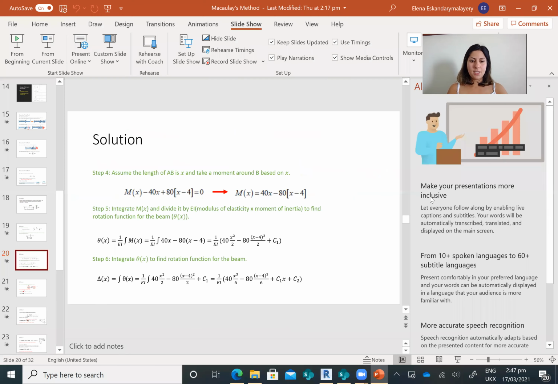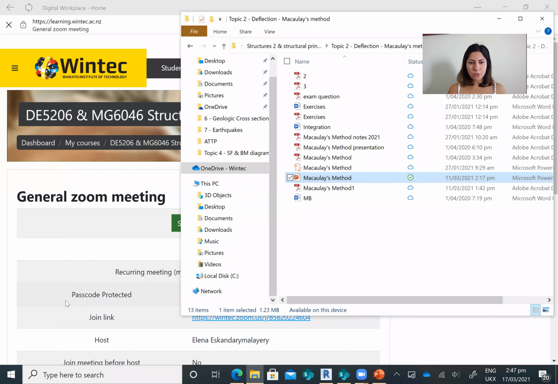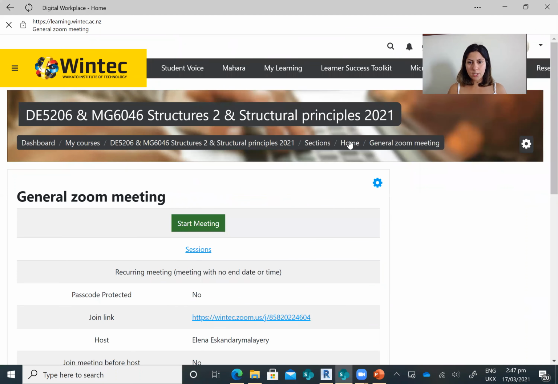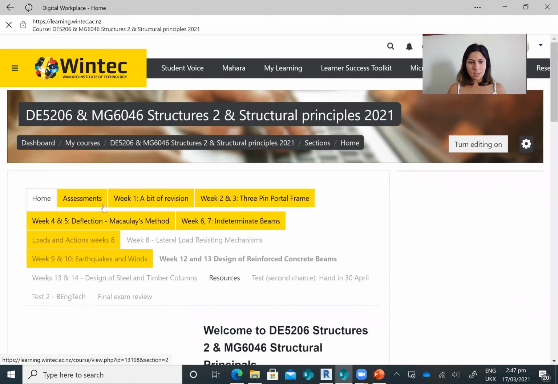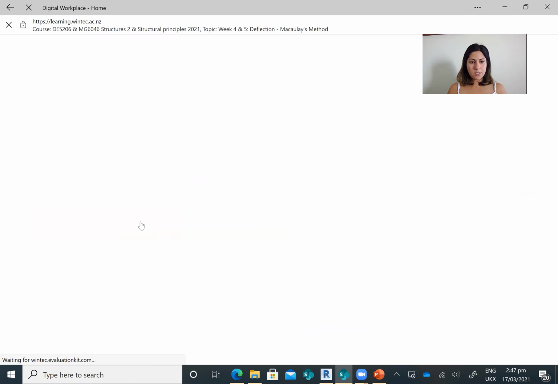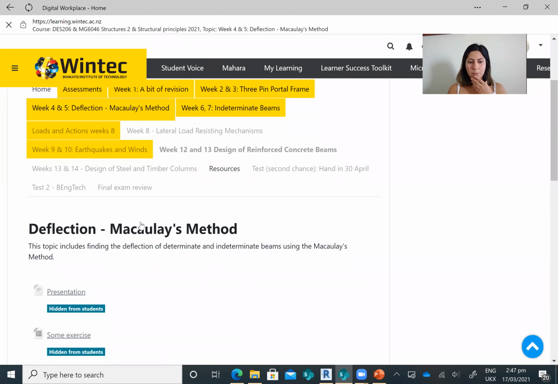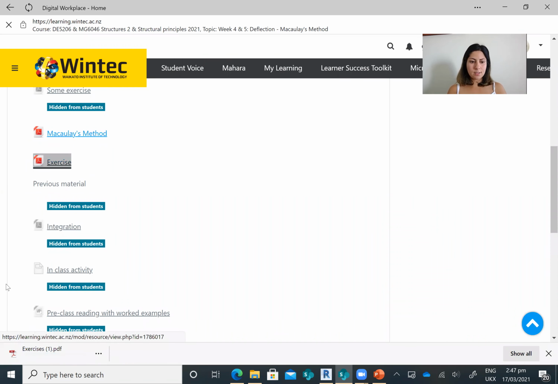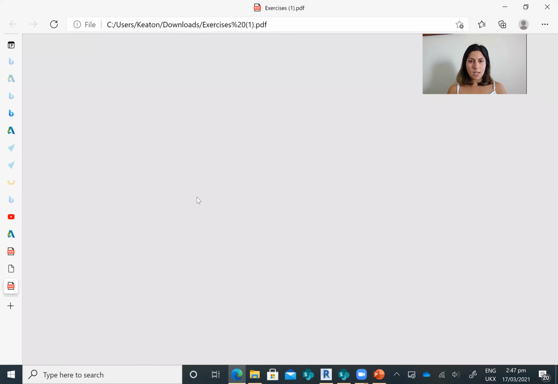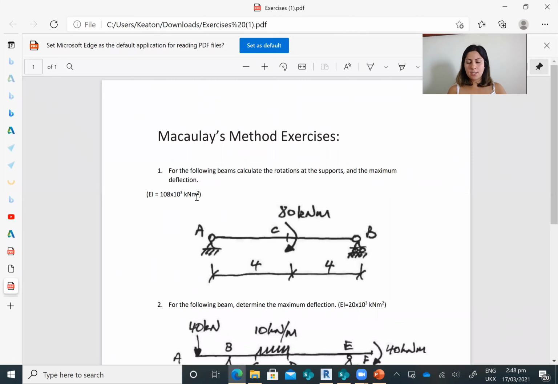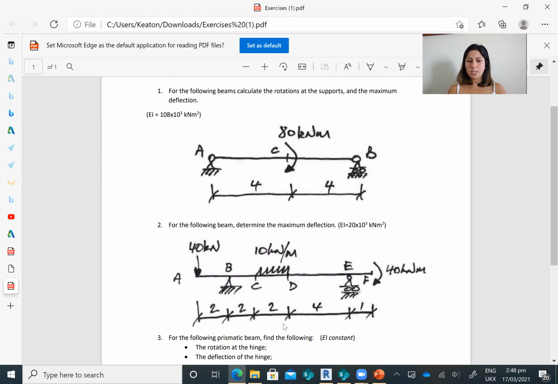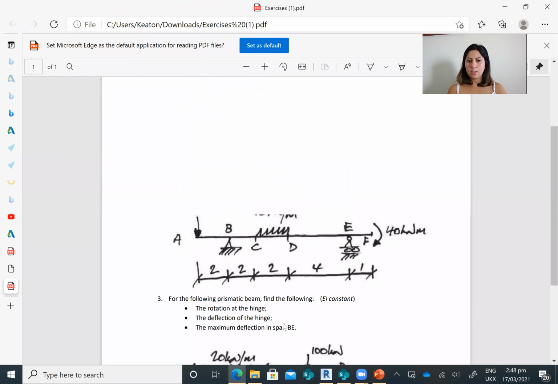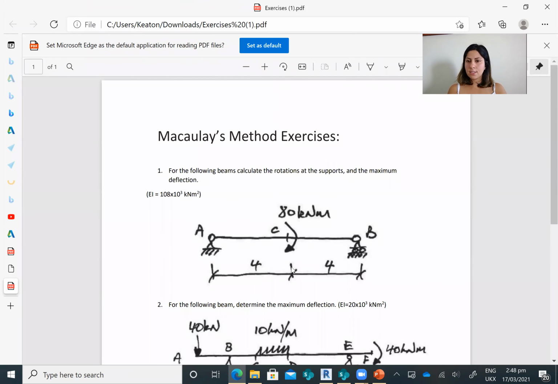Now what I want you to do until tomorrow, to make sure that you watch the video, is to go to the Moodle under the deflection Macaulay method tab. Here is the exercise. If you open it, you will be able to see 3 exercises.